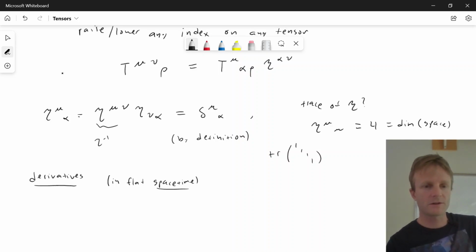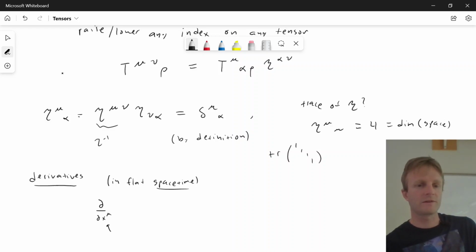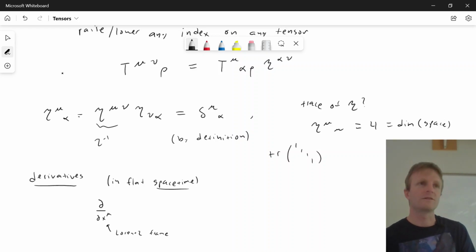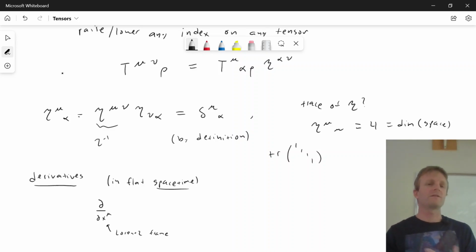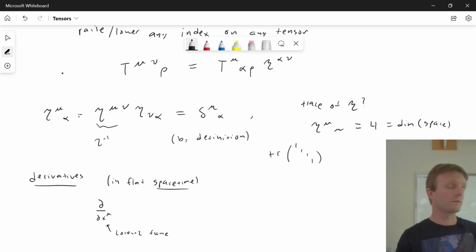Okay, so a partial derivative, d by dx mu, where remember, we're in a universe where these are a Lorentz frame, right? All of this only applies in Cartesian coordinates and inertial frames as we've defined. We're doing our vectors and tensors as if those are the only coordinates in the universe.